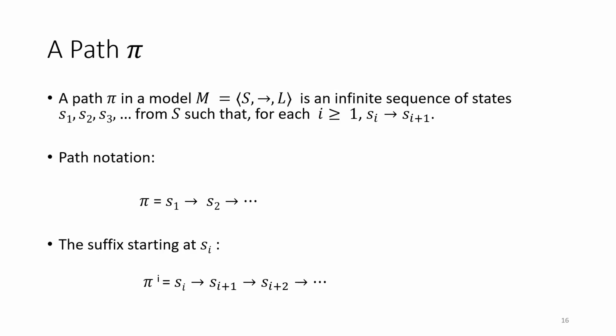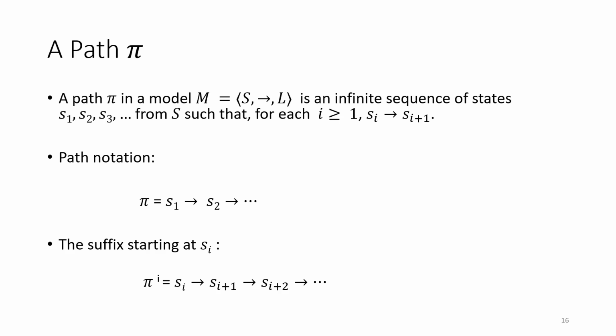Okay, so now we have path, and we usually write a path as pi, then we can write S1, and so on. We could write them comma separated, or we can write the arrows so that it's clear there's really a transition required. And once you have a path, you can also take a suffix of the path.